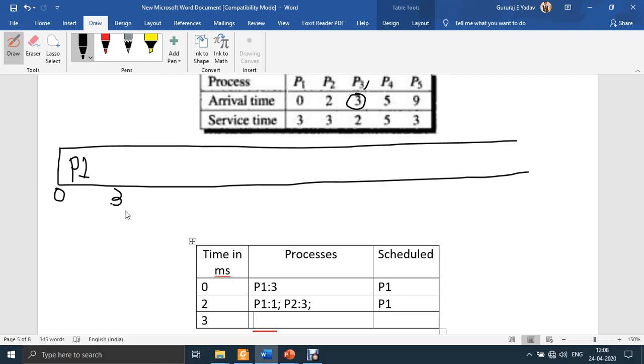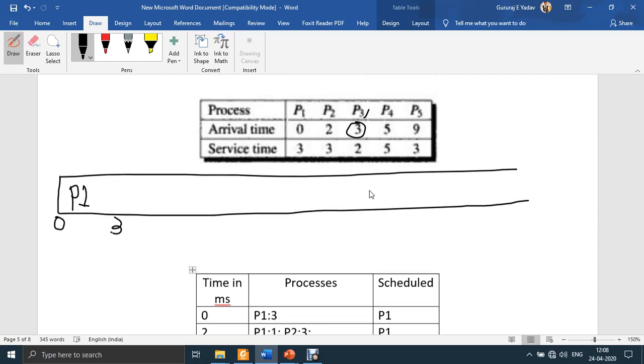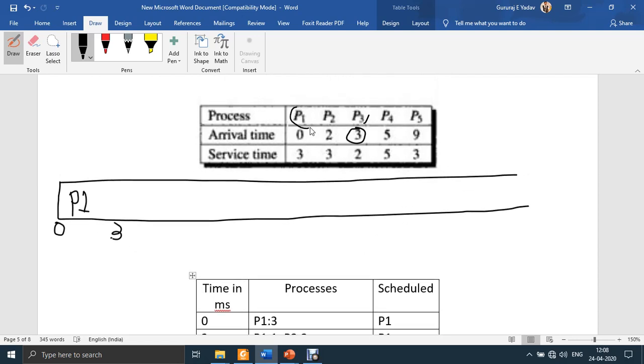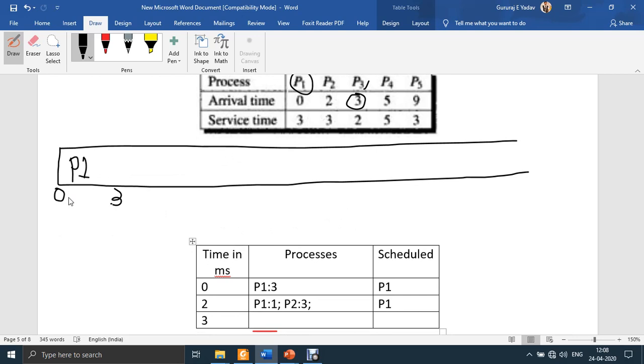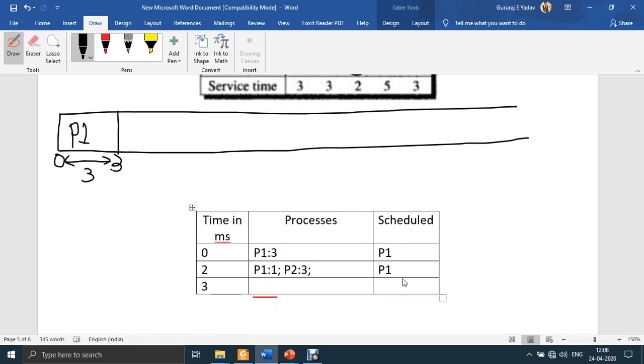At 3 milliseconds, P1 actually completes its execution, because it requires 3 milliseconds and you have given it 3 milliseconds of time. From 0 to 3 is 3 milliseconds. So at 3 milliseconds, P1 completes.